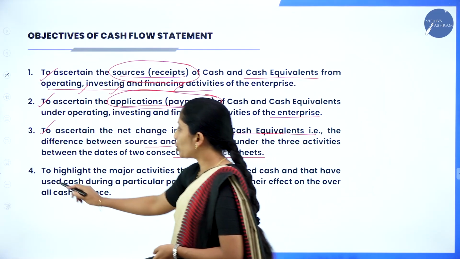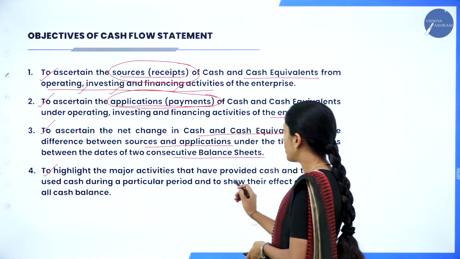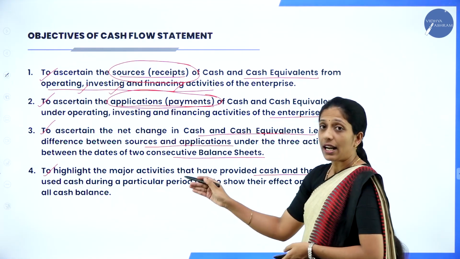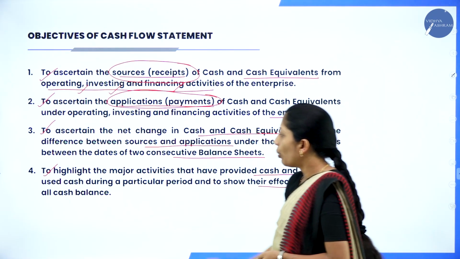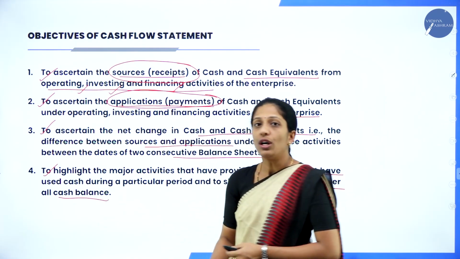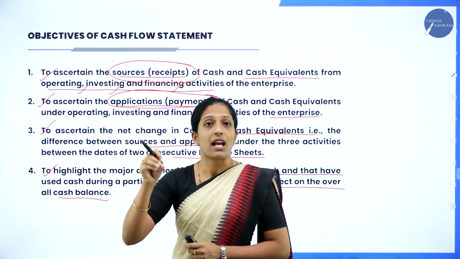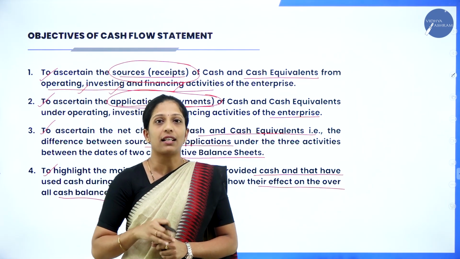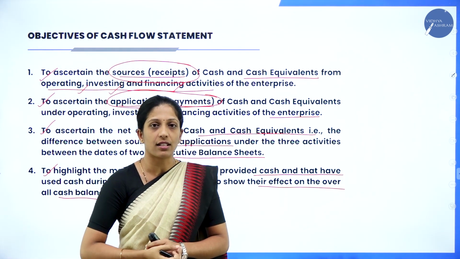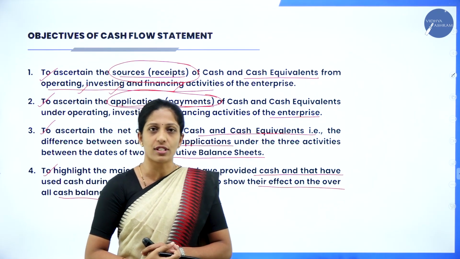Now coming to your fourth one, to highlight the major activities that have provided cash, that have used cash during a particular period and to show their effect on overall cash balance. So which is a major source where we have invested cash and which is a major source where we are getting the cash. So that can also be ascertained by preparation of cash flow statement.